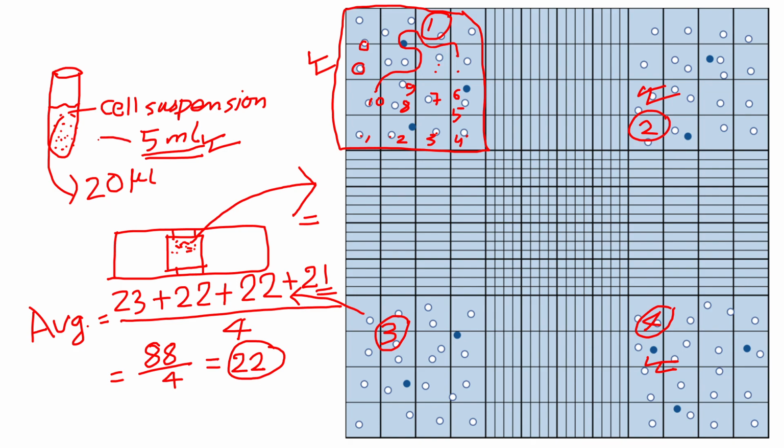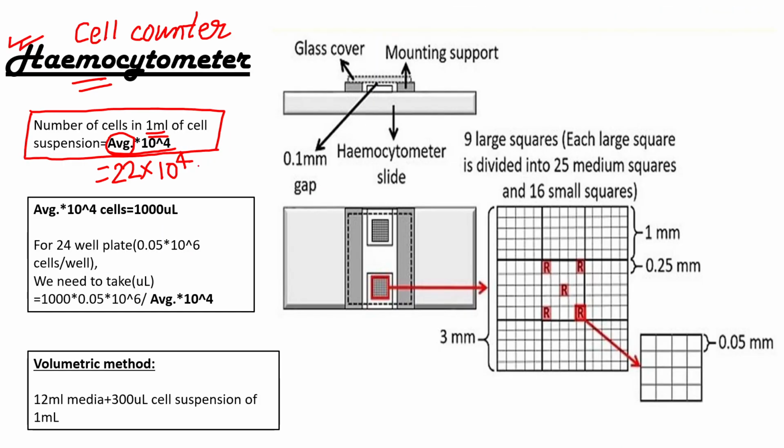So how many cells are present in this 5 ml of media? You will just multiply it by 5, because this is the number of cells in 1 ml. So this much cells are present in the 5 ml of media.